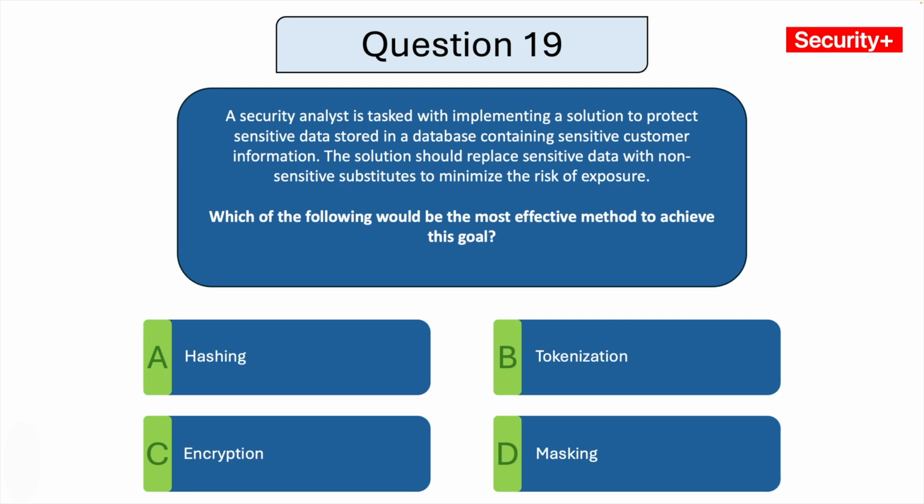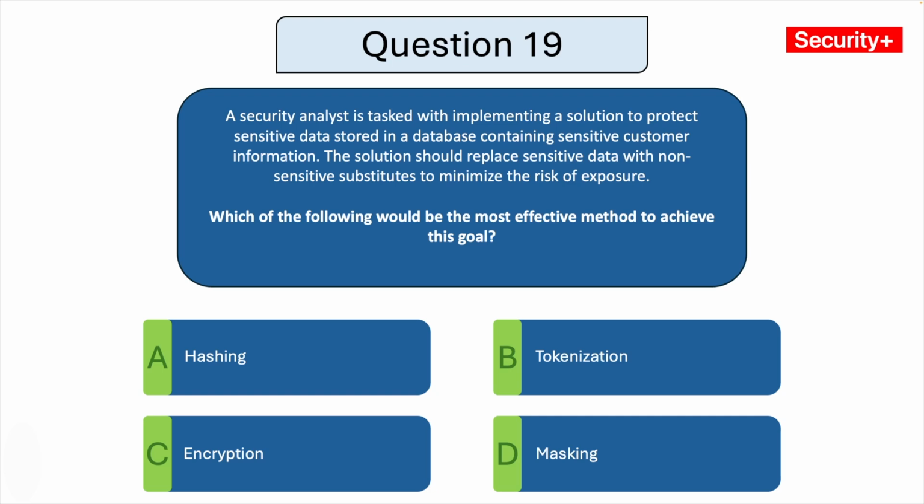All right, so I want to point out some wording here. It specifically says a solution should replace sensitive data with non-sensitive substitute. And substitute, I would say, is the key word to getting this question correct. Right away I can tell you it's not encryption or hashing. Neither one of those would replace data with a substitute.